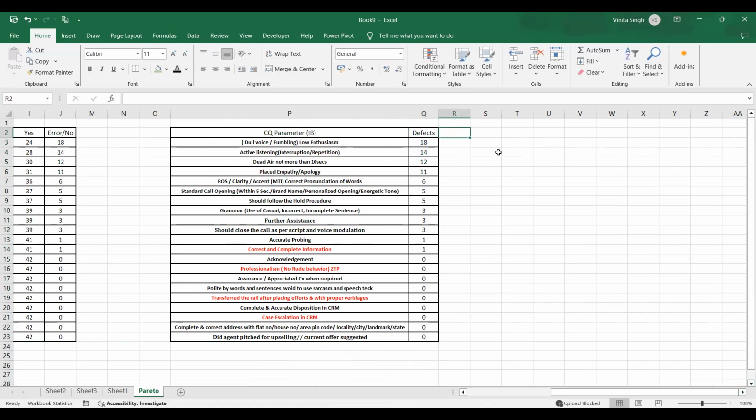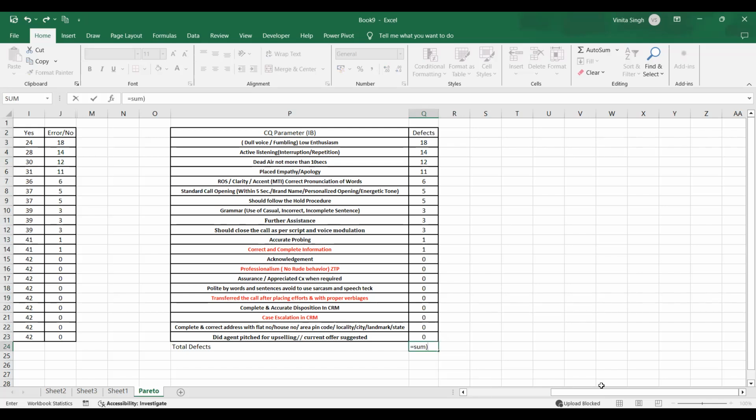In the defects, we have to find the total of the defects.